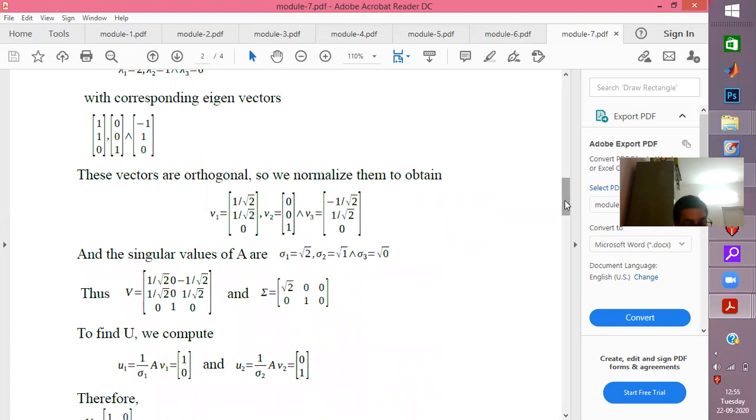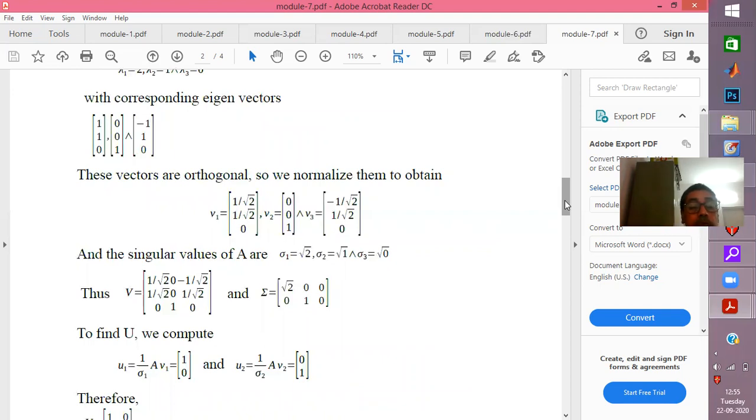Remember, the sigma matrix will have the same order as A, but ensure that the singular values are on the diagonal, so root 2 and 1, others being 0. And then V will be of order 3 by 3, and you store the eigenvectors of A transpose A along the columns, and that's the matrix V.